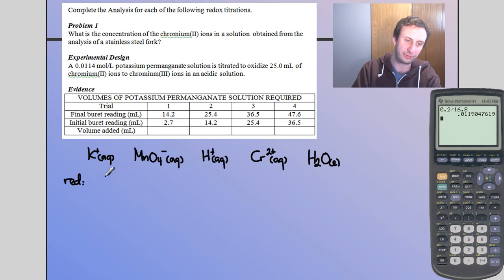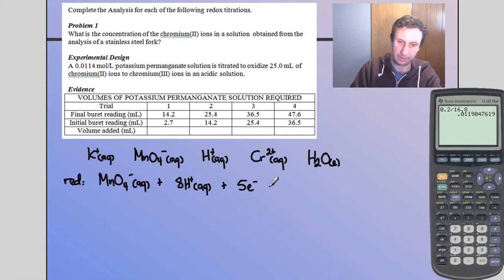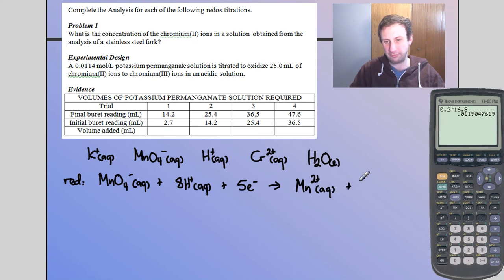So for my reduction, I have MnO4- aqueous plus 8H+ aqueous plus 5 electrons gives me, once again, Mn2+ and 4 H2O liquid.